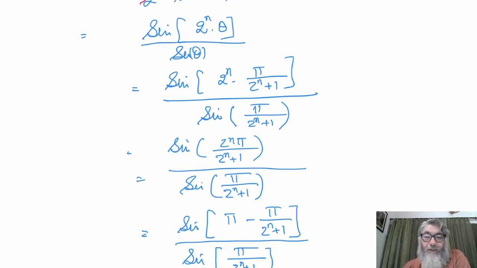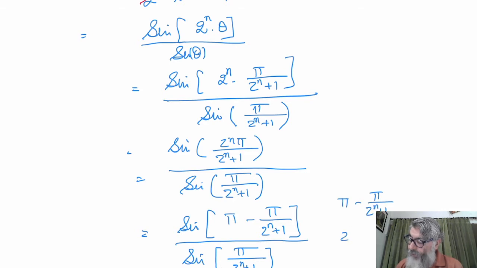You will get that only, because 2n into pi, 2n into 1 minus pi.